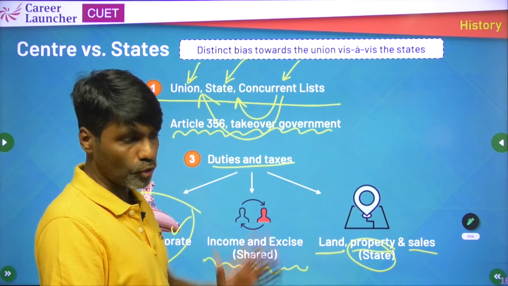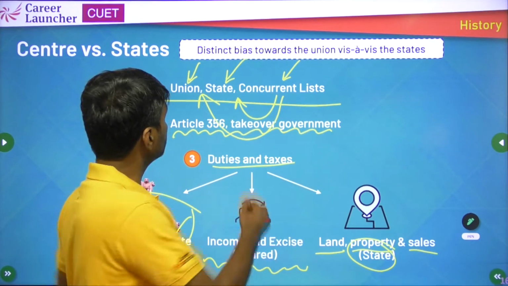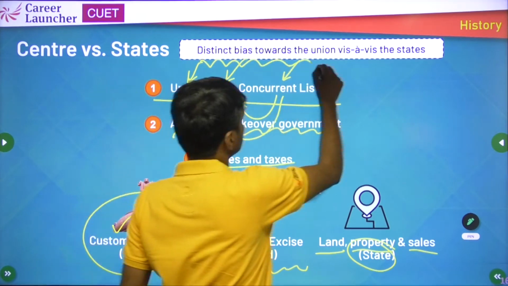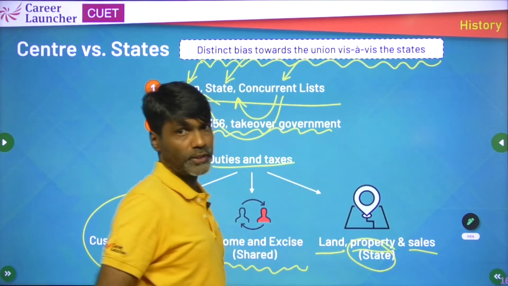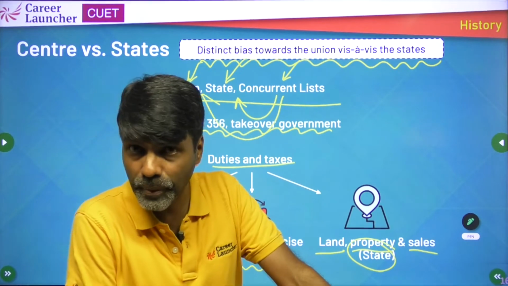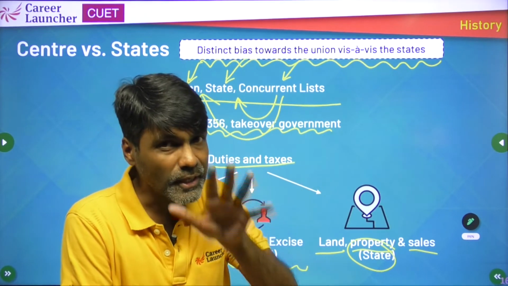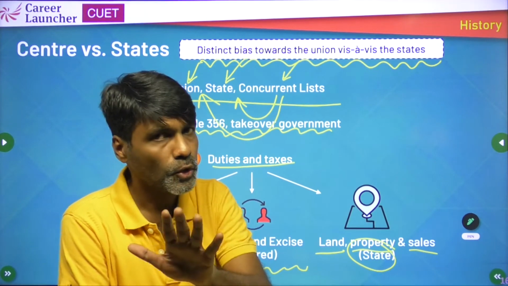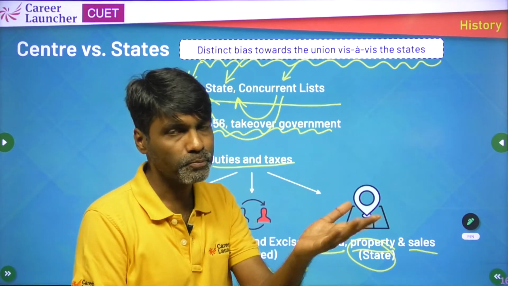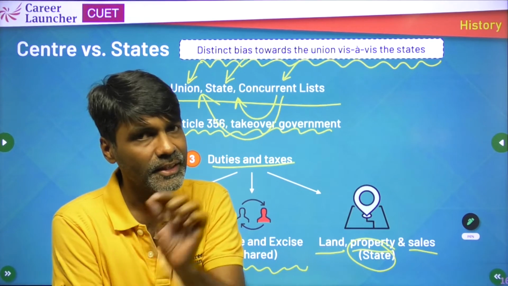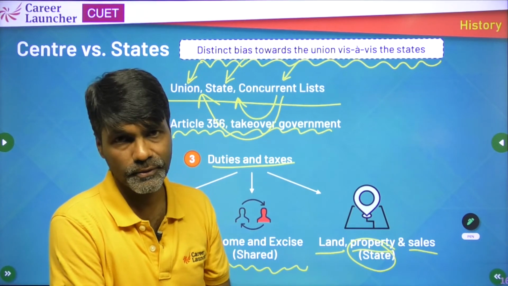Okay? So center and state, if you draw the essence of this, you can argue as a student of political science and history that there was a little bit of a bias towards the union and away from the state in the making of the Constitution.